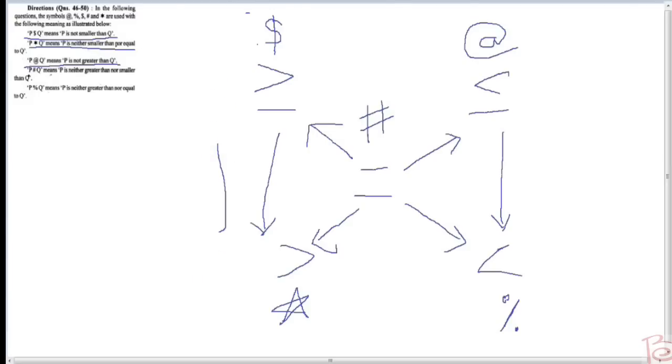And the other thing is, if there is no arrow mark between particular symbols, we cannot go to that place, and we cannot move diagonally as well. Moving diagonally means you can reach the point of equal to, the center point, but after that you cannot move forward.